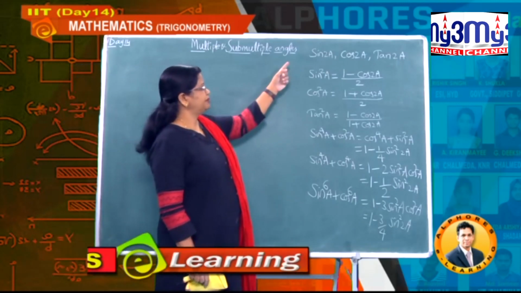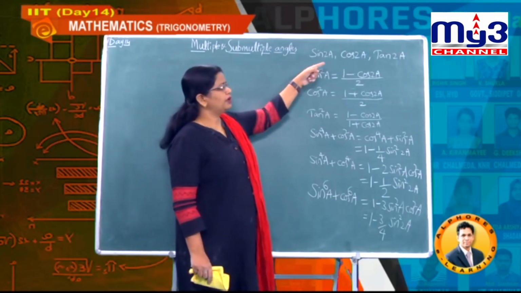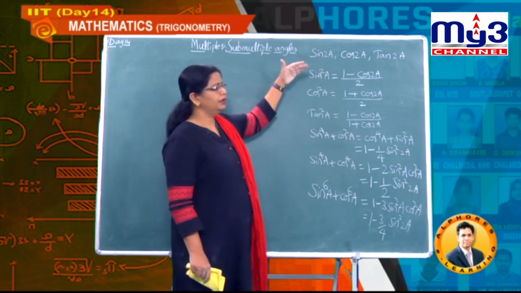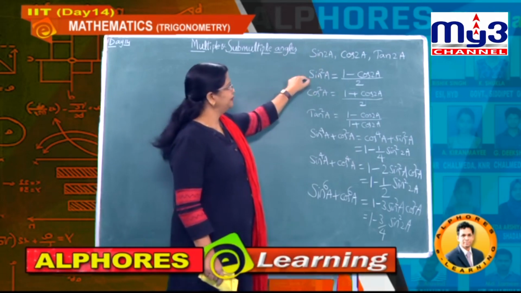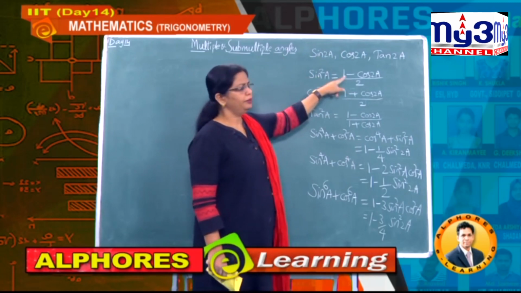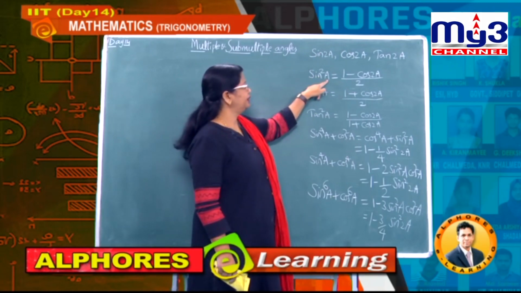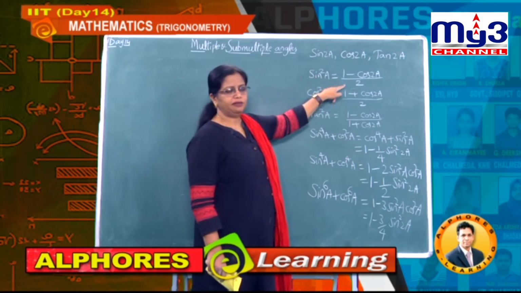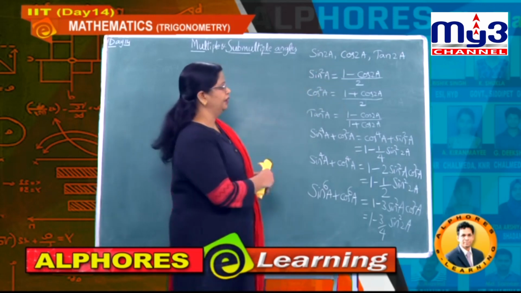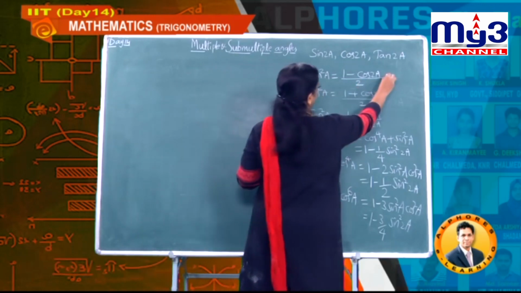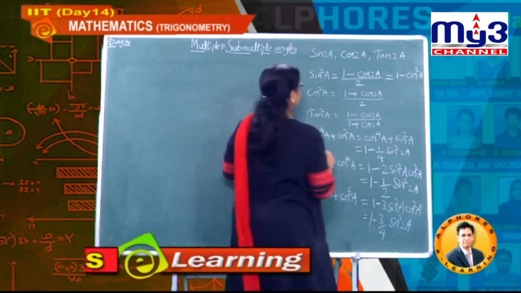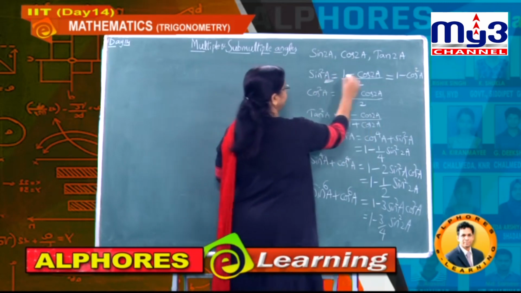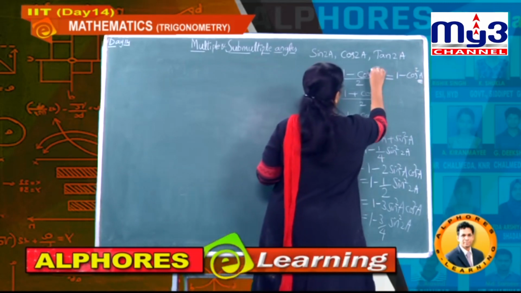So students observe here sin 2A, cos 2A, tan 2A formulae, and from those you got here sin square A value, it is 1 minus cos 2A by 2. If you want to write sin A, then it is nothing but plus or minus under root, and the old formula is what here? It is the same as 1 minus cos square A, okay. And here the angle remains the same, whereas here the angle is how much?